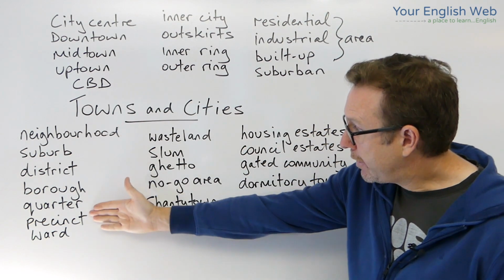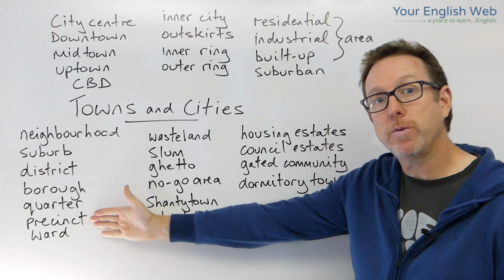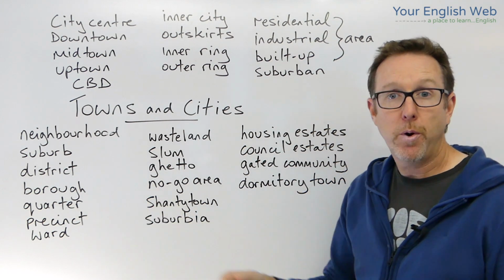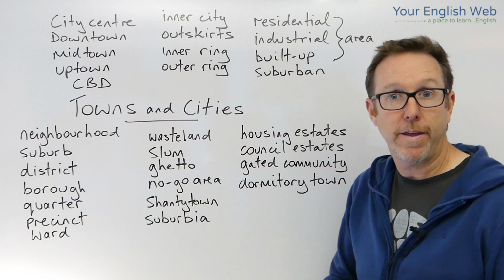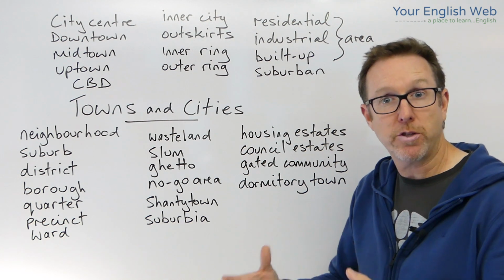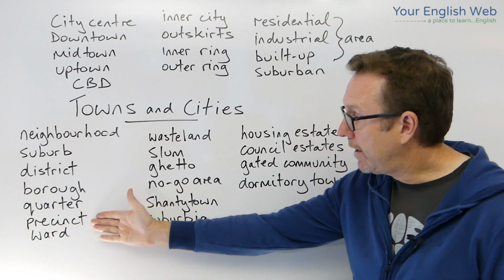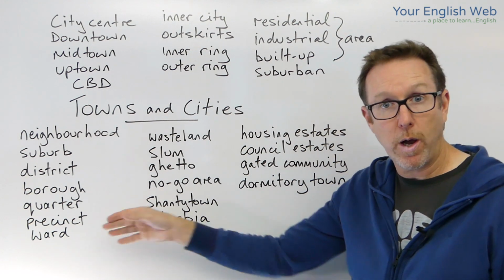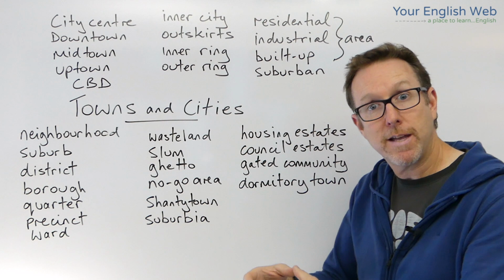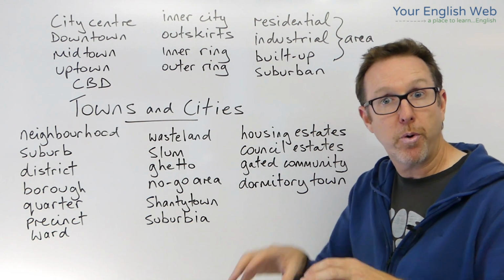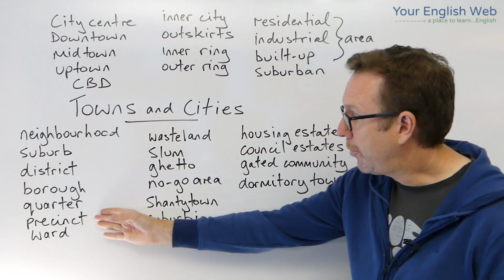Then we have the word precinct. Now, this word varies in meaning. Precinct can be an area where there's shops as well, pedestrian precinct, shopping precinct, but it can also be a political area as well, where maybe you have a police station in a certain type of precinct, okay? It can be a precinct.